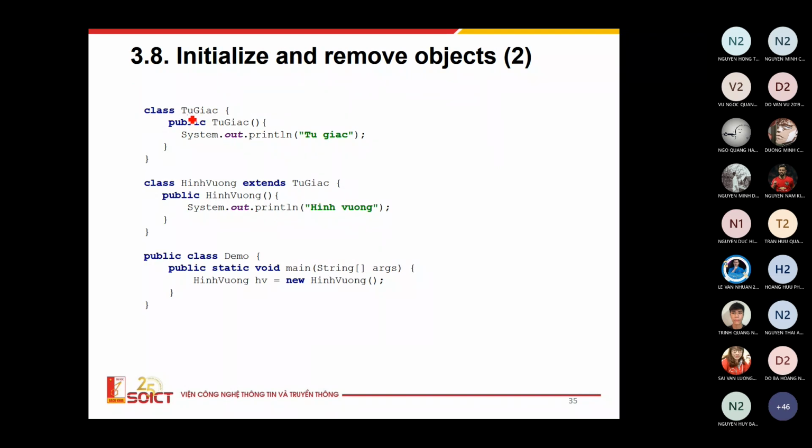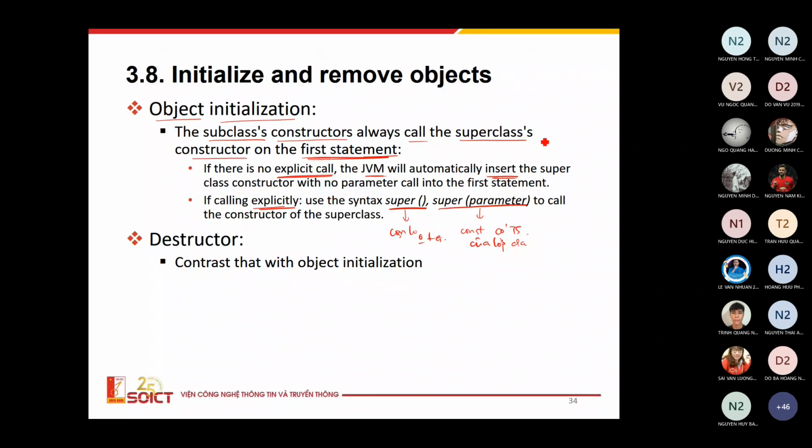You have a class tứ giác and you have the constructor of the class tứ giác. You have a class hình vuông that extends from the tứ giác, okay, and the constructor for hình vuông. And what happens when you create a new object for hình vuông? As you can guess, when the hình vuông constructor is called, what will happen? As I said in the previous slide, the call to the superclass constructor will be the first statement.